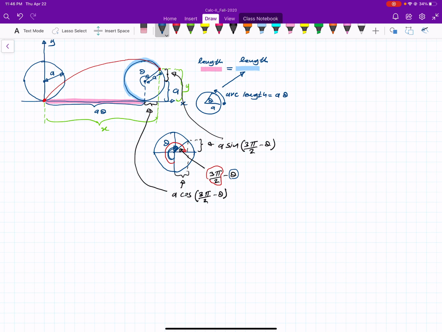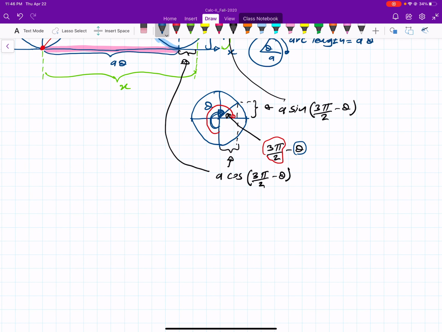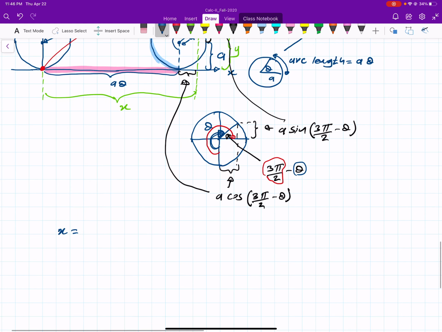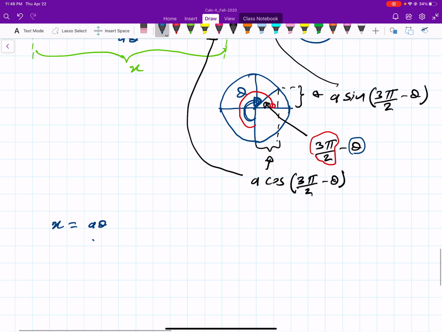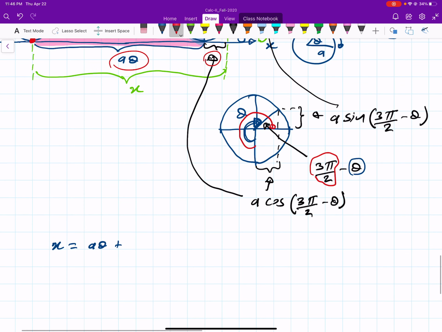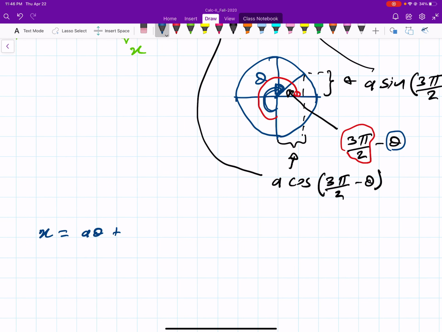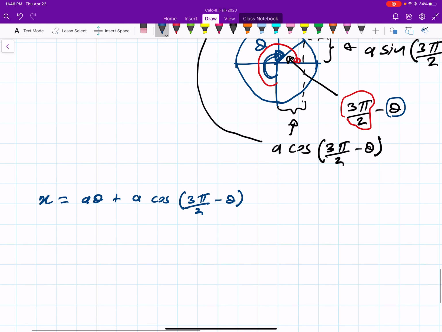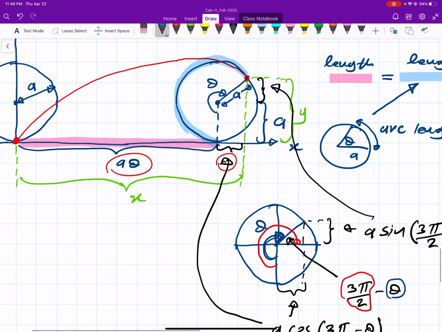Then x should be a theta plus, a theta is this plus that, which is a cosine 3 pi over 2 minus theta, and then y should be that plus that.